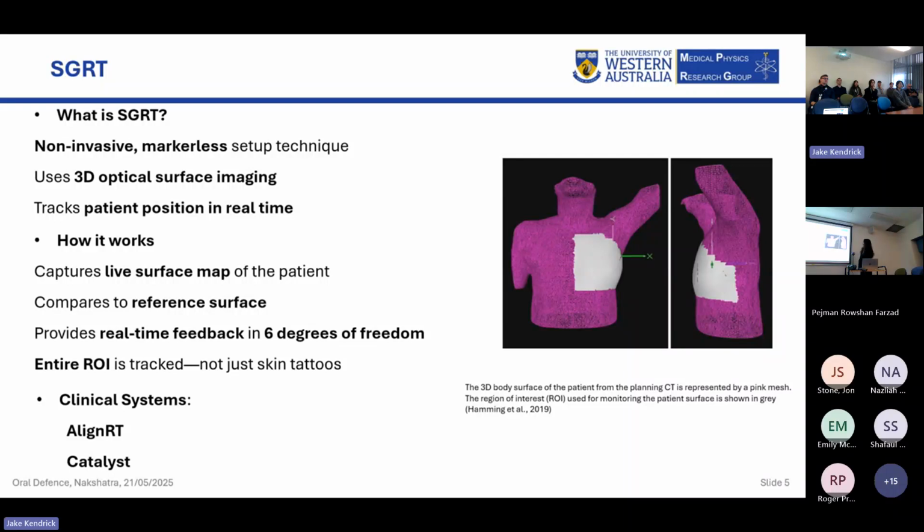In this picture, the pink part is the reference surface of the patient, which is generated through the CT. And then the gray area is the region of interest, which will be monitored.